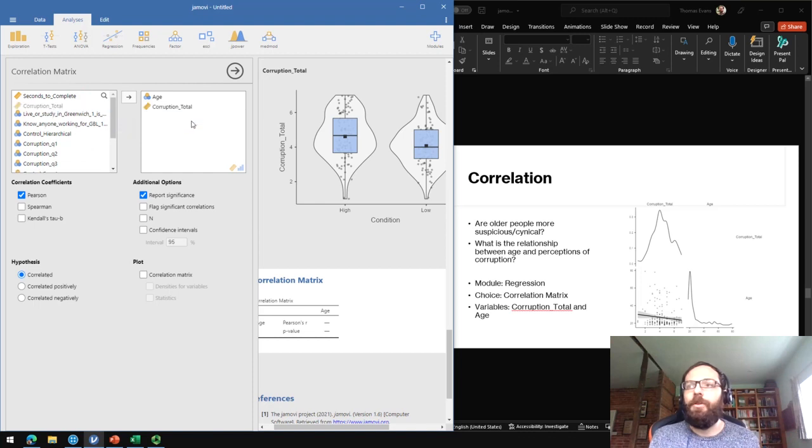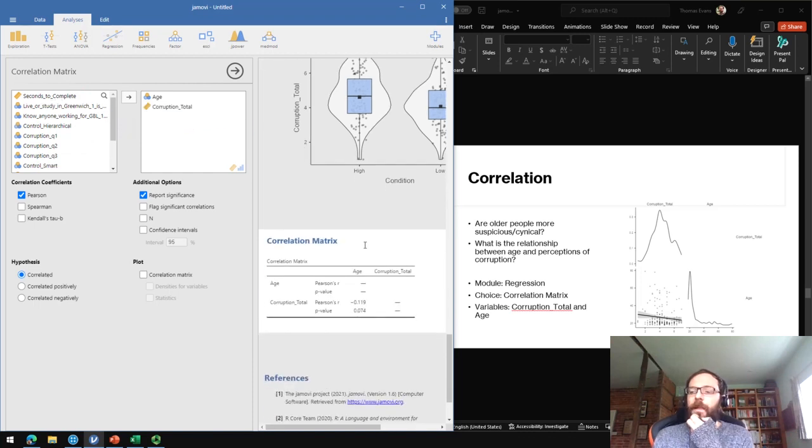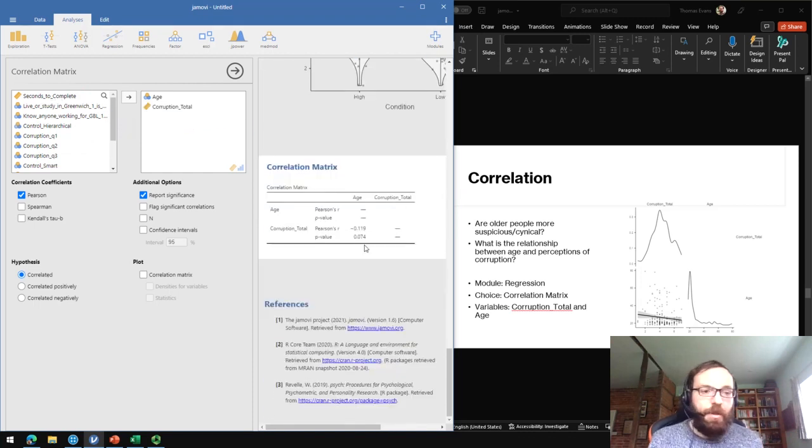And if you copy those variables across, very quickly you'll see rather than a positive relationship as hypothesized, we've got here a negative relationship of 0.119 and a p-value which is not statistically significant of 0.074.